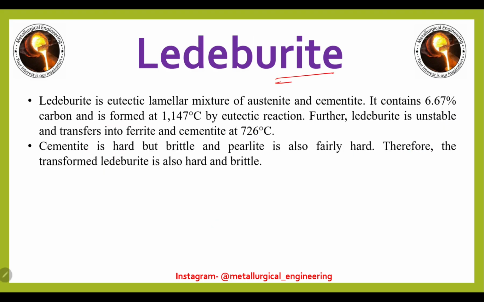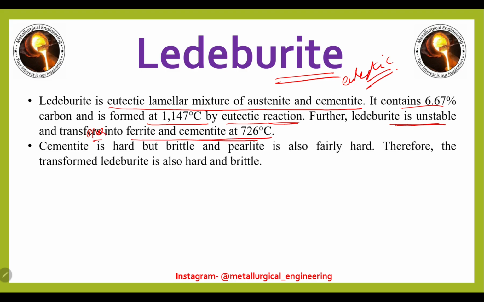Next one is ledeburite. It forms as a reaction of eutectic transformation. Ledeburite is a eutectic lamellar mixture of austenite and cementite. It contains 6.67% of carbon and is formed at 1147 degrees centigrade by eutectic reaction. Further, ledeburite is unstable and transforms into pearlite and cementite at 726 degrees centigrade.